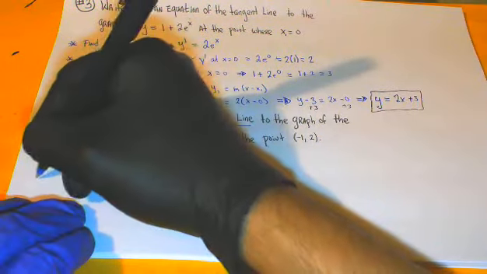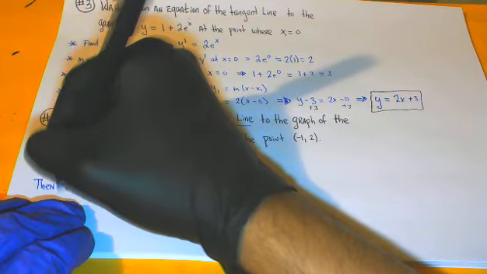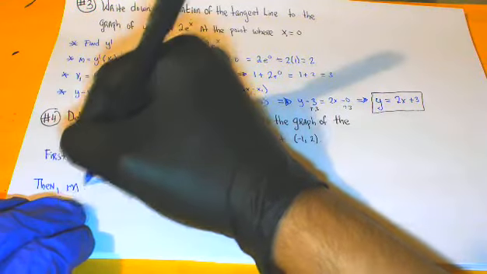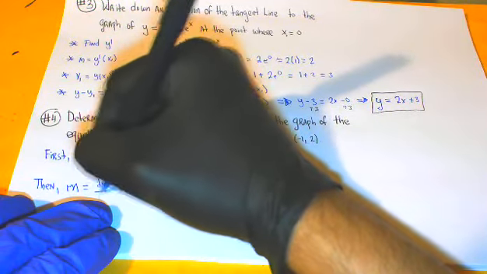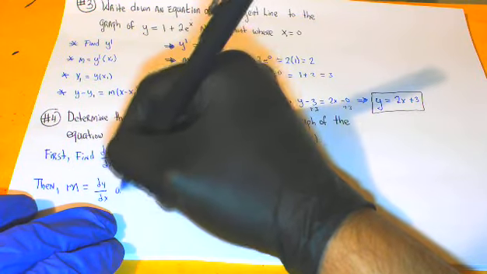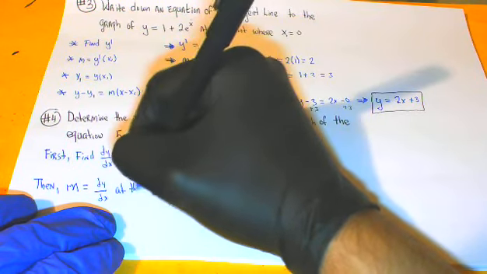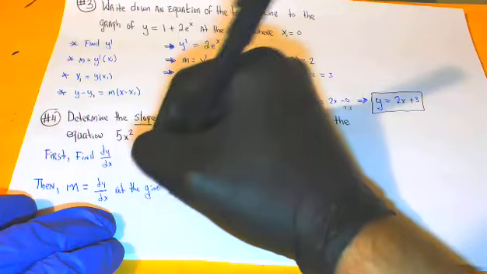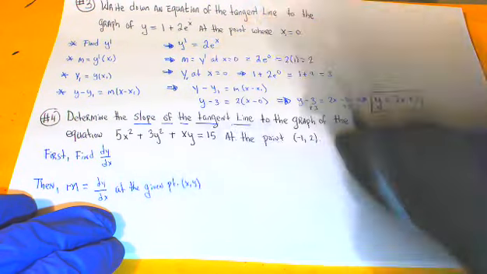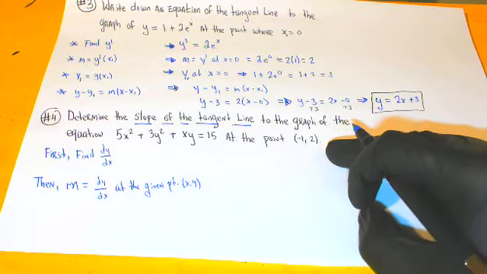So then, we say that m is equal to dy/dx at the given point, which is your x, y. So it's going to be -1, 2.